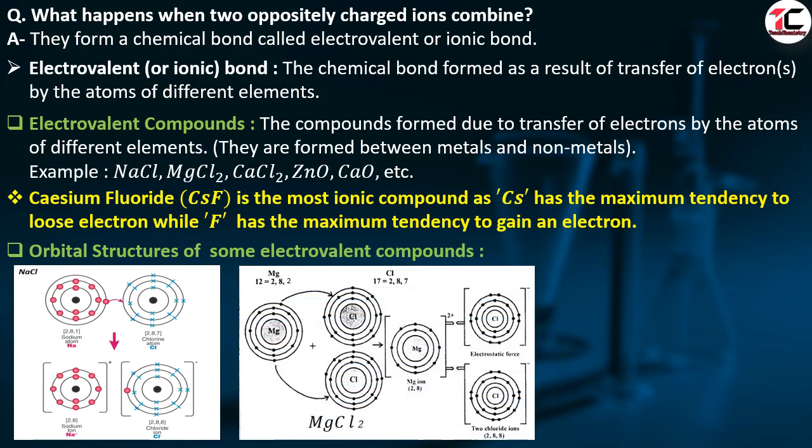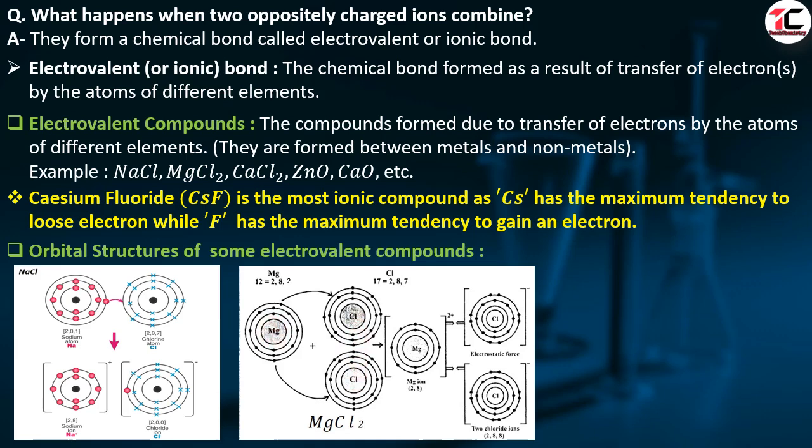Let us see the orbital diagram of magnesium chloride. The electronic configuration of magnesium is 2,8,2. That means it has to lose 2 electrons, whereas chlorine is 2,8,7, and one chlorine atom will gain 1 electron. But magnesium has to lose 2 electrons, so 2 chlorine atoms are required. Let us see in the diagram.